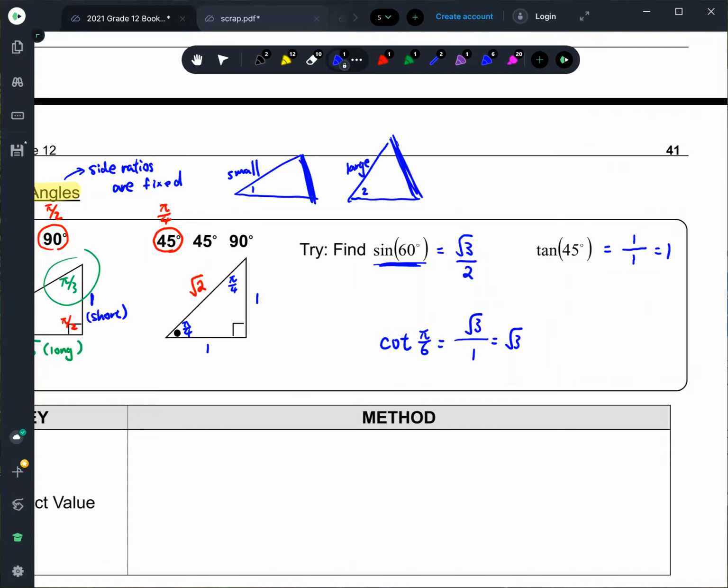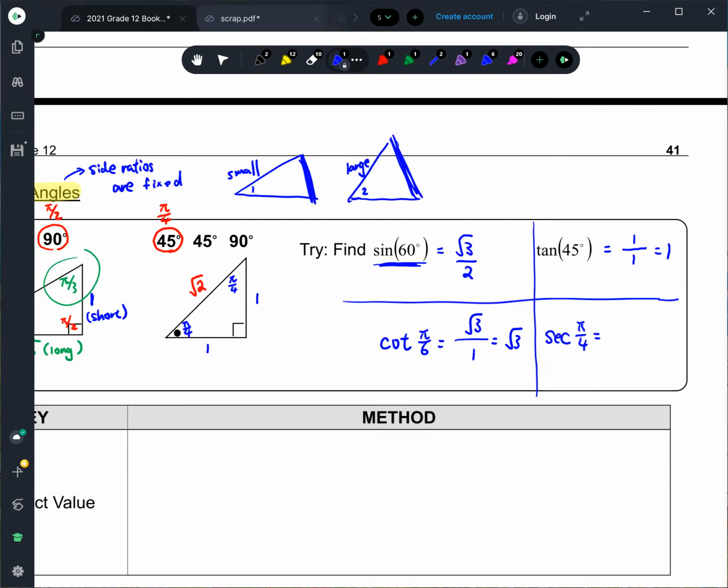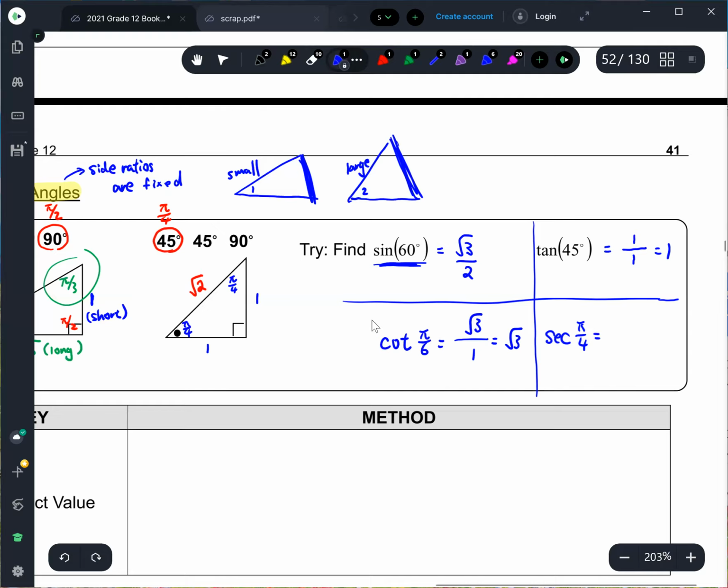Now let's try a different one. So this time we have secant. Secant of pi over 4. If you have the answer for that one, secant pi over 4, please raise your hand. Pi over 4 is the same as 45 degrees.